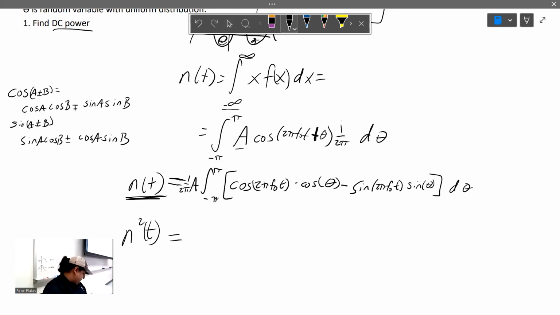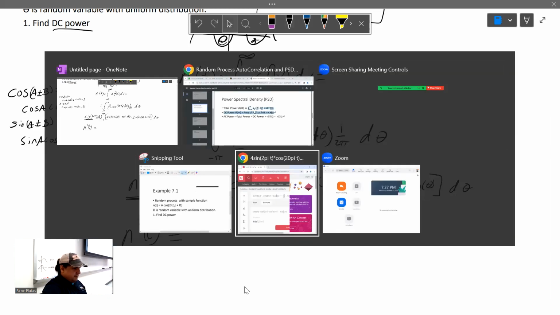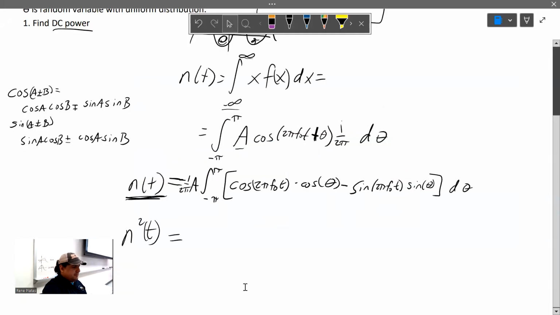Yeah, I have a similar image here. Random process with sine function.